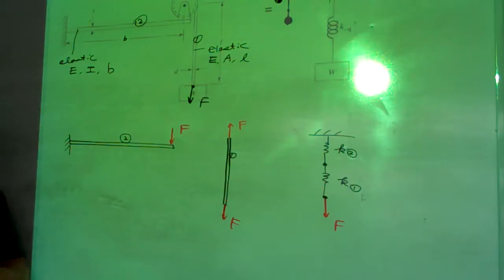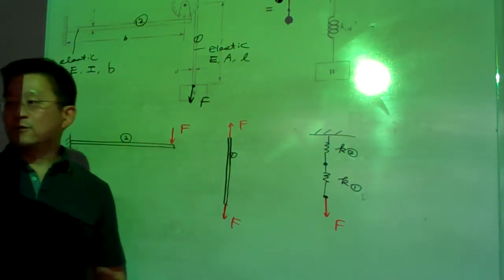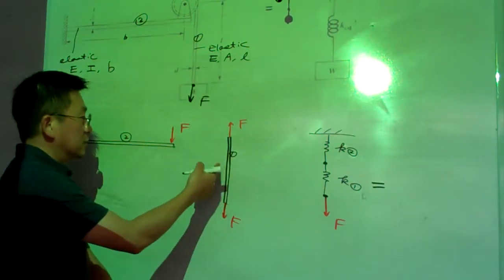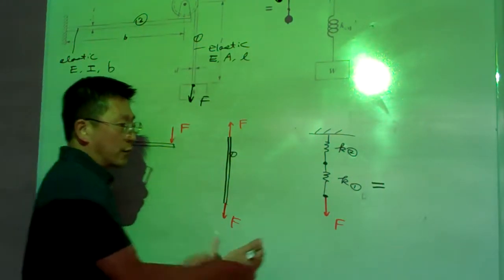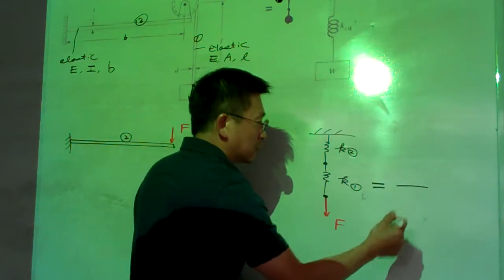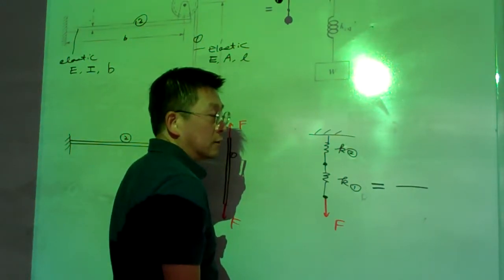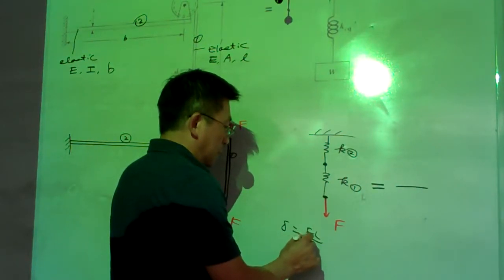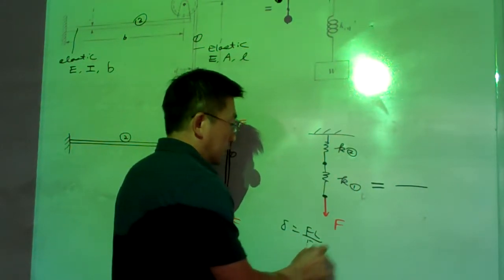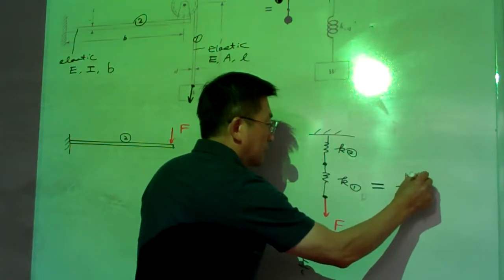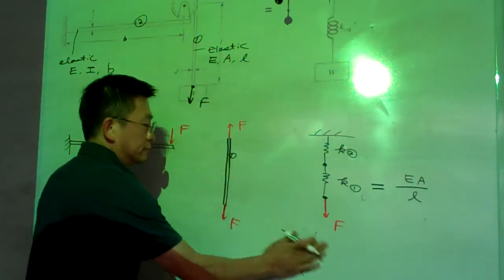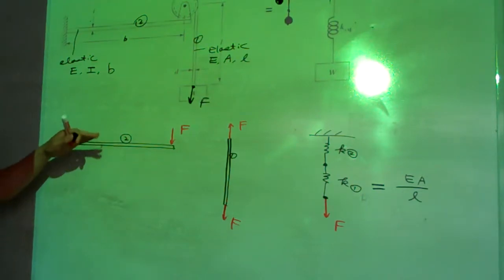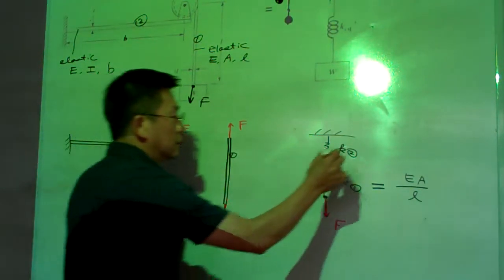What is K1? This is the elastic bar, so delta equals FL over EA, and K1 equals F divided by delta, which is EA divided by L. And K2 is the cantilever beam deflection.